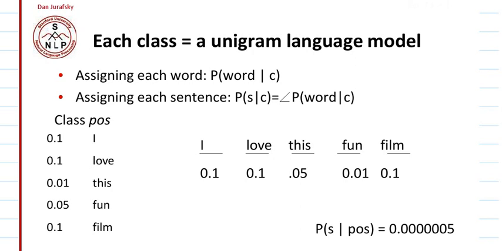If we are using the bigram, then the different probabilities will be of I love, love this, this fun, and fun film. We will be required to calculate these probabilities, and then we multiply all these probabilities together with the prior probability. We will again get the final probability for a given sentiment as positive or negative. So in this way we can apply the bigram also here.